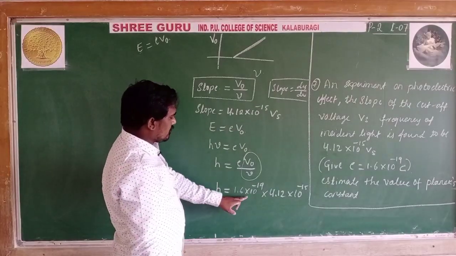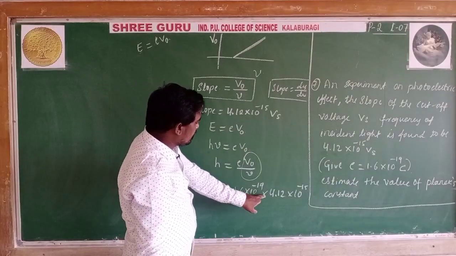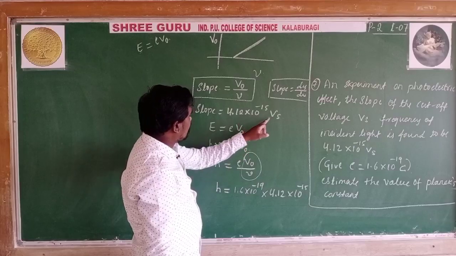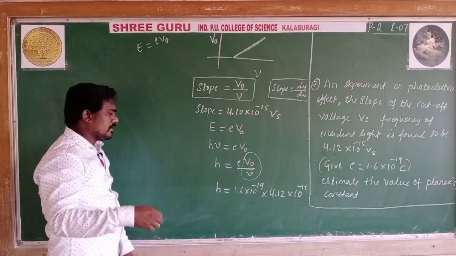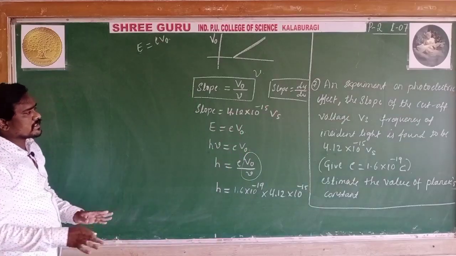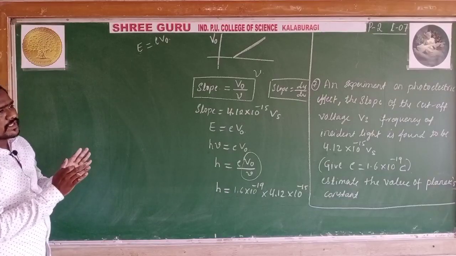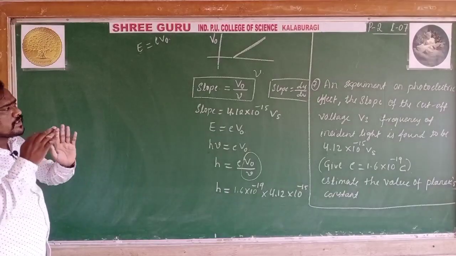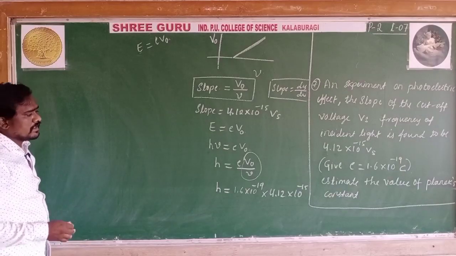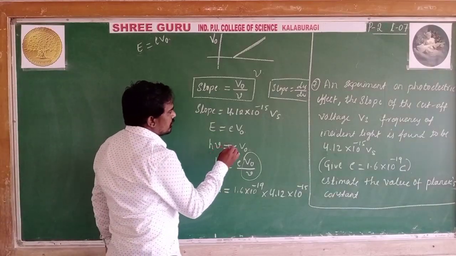Here it is in terms of coulomb, here it is volt second, that is nothing but joule second. Coulomb into volt is nothing but the conversion of electron volt to joule.